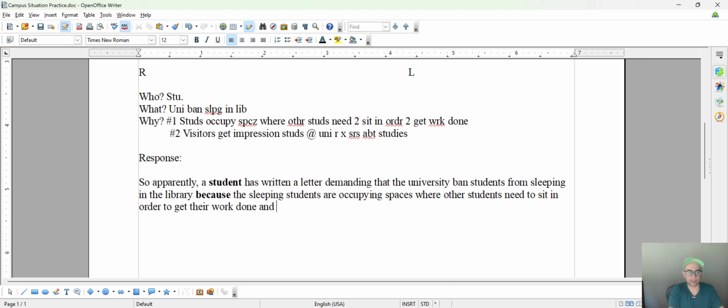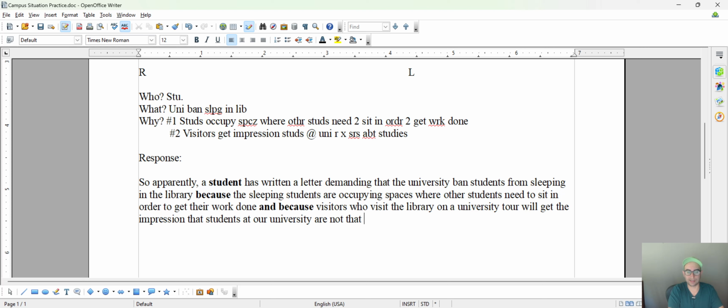And because, you could throw in that second because if you want, visitors who visit the library on a tour, on a university tour, will get the impression that students at our university are not that serious about their studies. And that's it.